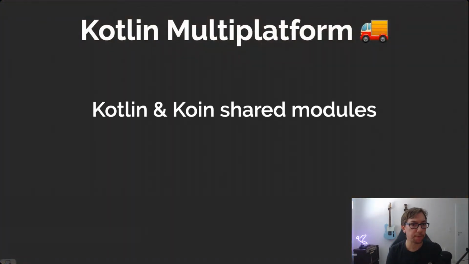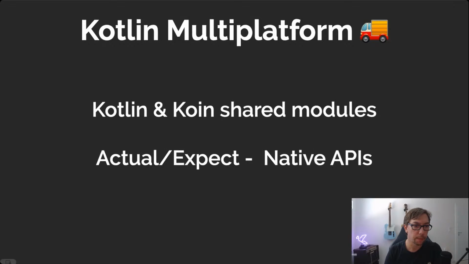For the multi-platform side, Koin is purely Kotlin technology. You will put your Koin modules inside your common Kotlin code, and reuse it naturally as it was code for Android, but it's common Kotlin code that will go on iOS, on desktop, or any other platform.